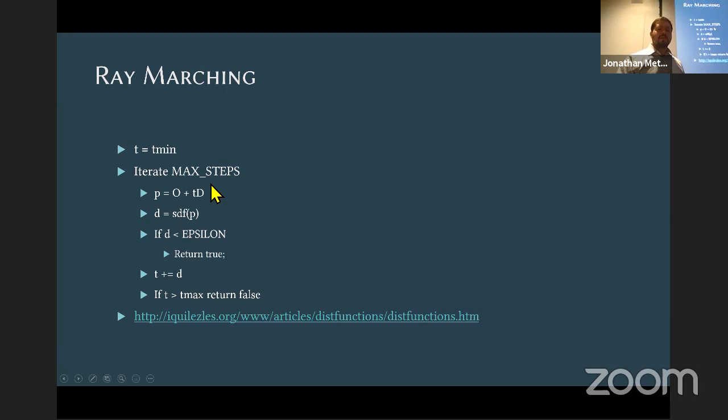So we calculate the point: origin plus t times direction, and then we plug that into the signed distance function. That gives us the distance that we can travel, and if it's less than the epsilon, then we are so close, we're going to go ahead and stop. Otherwise, we travel d distance along the path of the ray. And if we pass our t max, in other words, we get to the end of our objects, or we say we're only going to trace so much, then we return false.